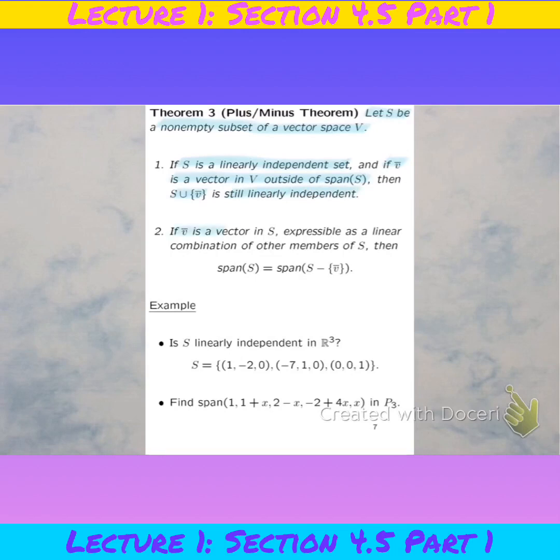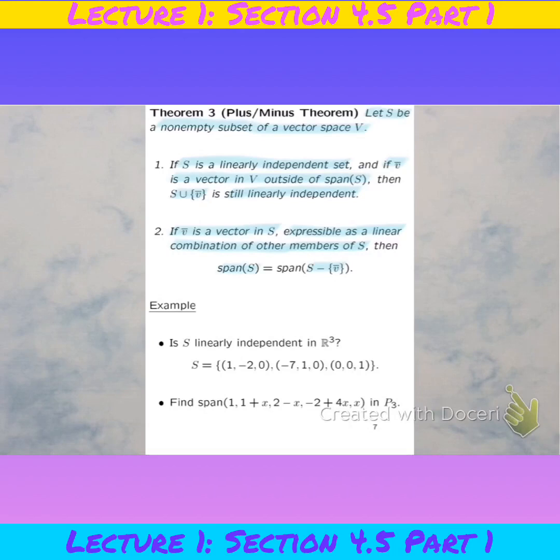Likewise, if V is a vector in S and V is expressible as a linear combination of the other vectors in S, then you can remove V from S, and the span of this new set is the same as the span of the original set S.